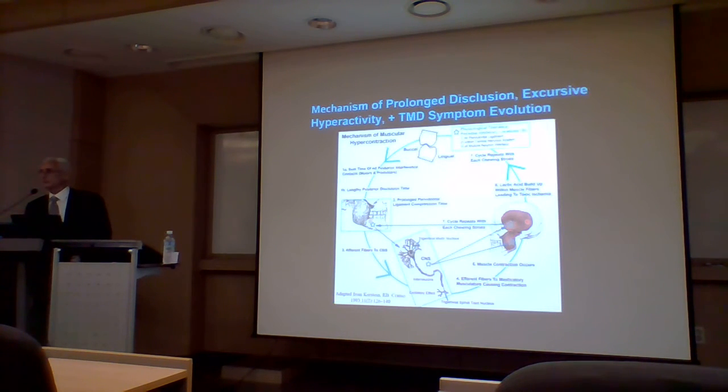So as the person uses their teeth just to chew and eat, normally, if they have long disclusion, they will overwork these muscles, and then if they're susceptible to that overworking, they become symptomatic.